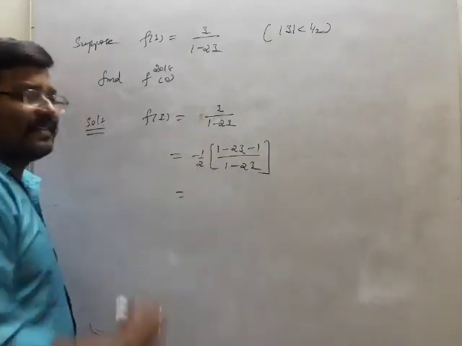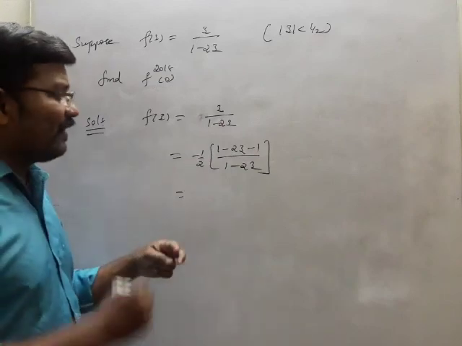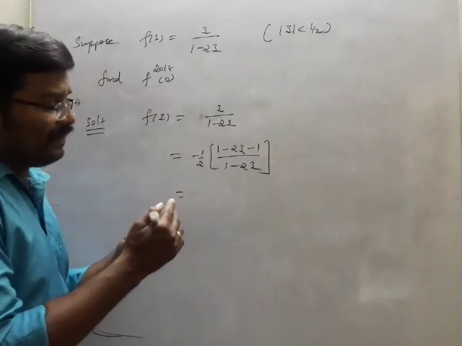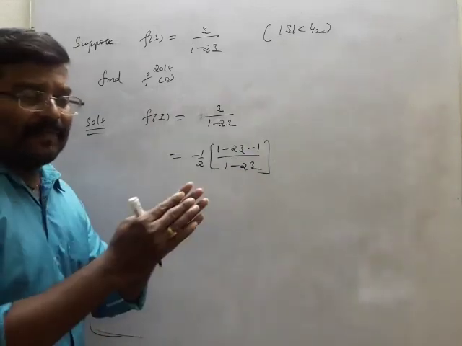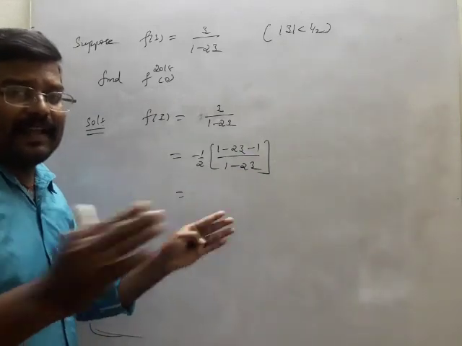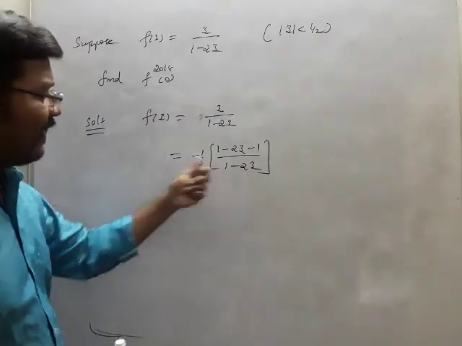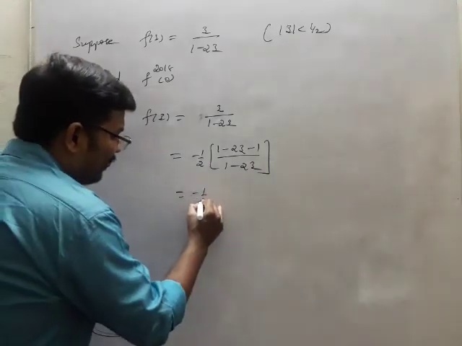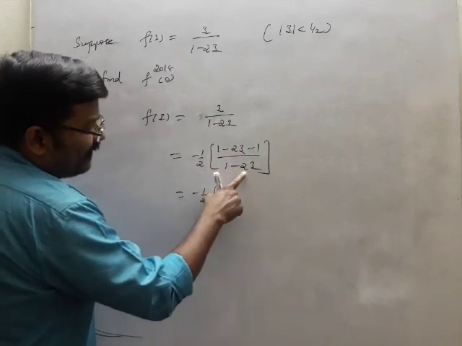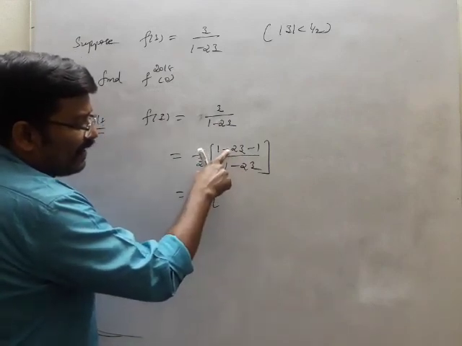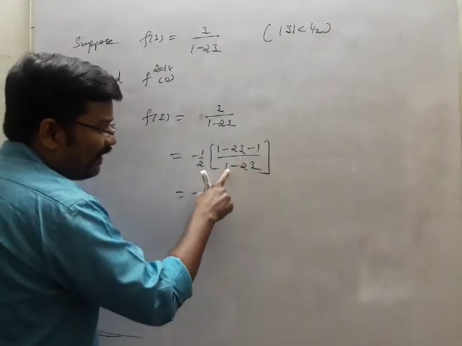Why have I changed this? I have changed it to get the equation in the form of a minus b whole power minus 1 expansion. To get it in expansion form we have done this. So minus 1 by 2, I may write this as 1 minus 2z by 1 minus 2z minus 1 by 1 minus 2z.